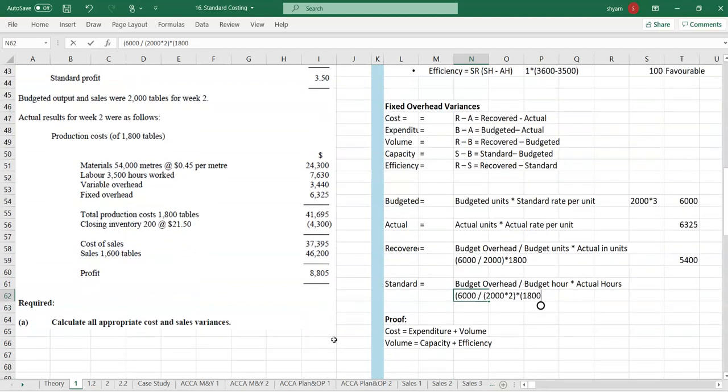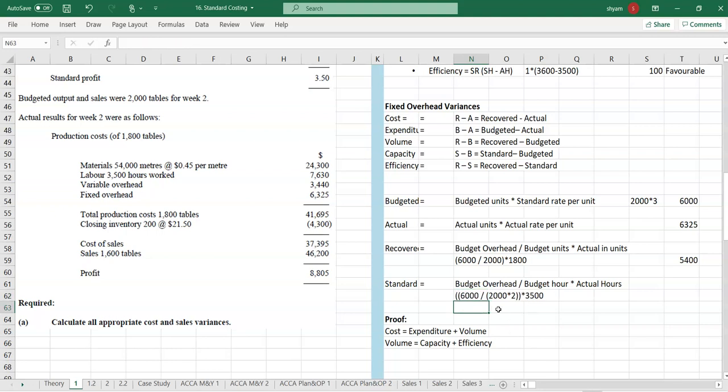So what we'll do, we'll take that. So that comes to 3500 hours. So first our answer should be solving this.